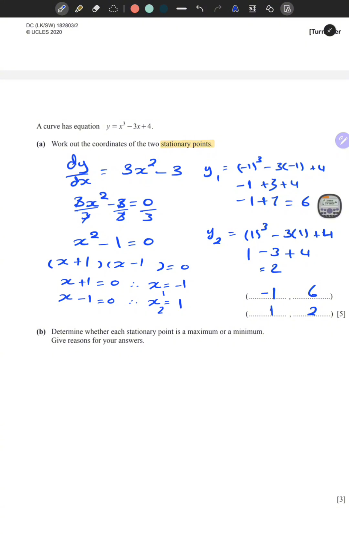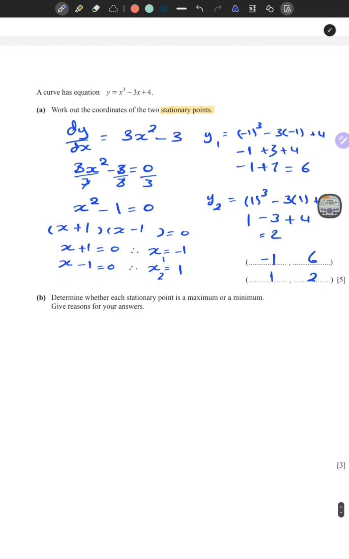All right, let's go to part B of the question. Determine whether each stationary point is a maximum or a minimum. Give reasons for your answer. To find which one of these points is the maximum or minimum, we need to find the second derivative of the curve, which is basically to differentiate the first derivative, d squared y by dx squared.